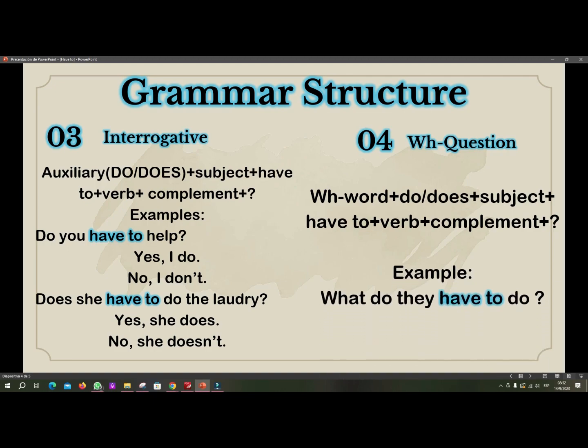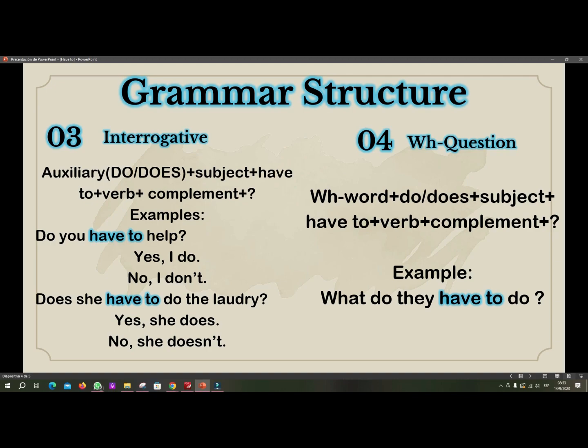For example, what do they have to do? Here you have the WH word first, then the auxiliary in this case, the subject, have to, and the verb in the base form.